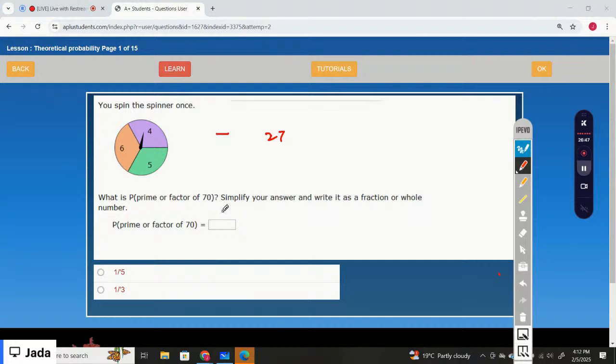So the probability is 1 out of 3 because 5 is the only number that is prime and 5 is the only number that is a factor of 70.